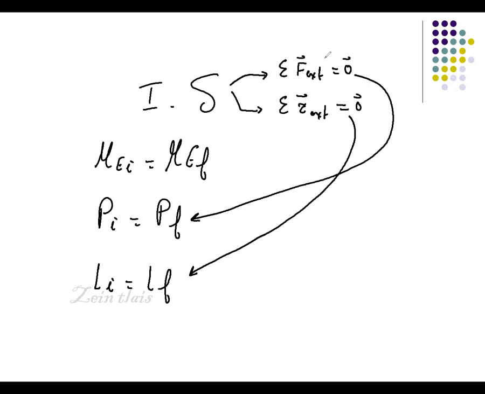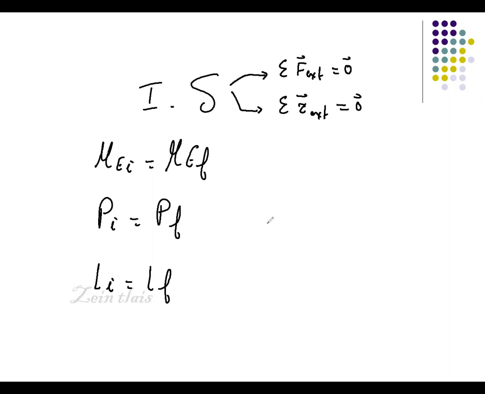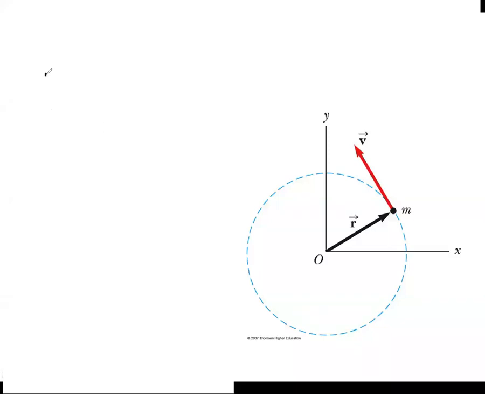Okay, now let me give you the general expression of the angular momentum. In general, L equals r cross p. This is the general expression. Let's take here a simple example.